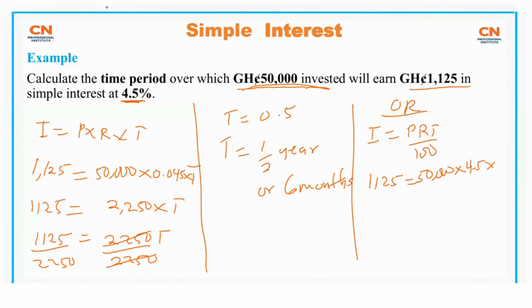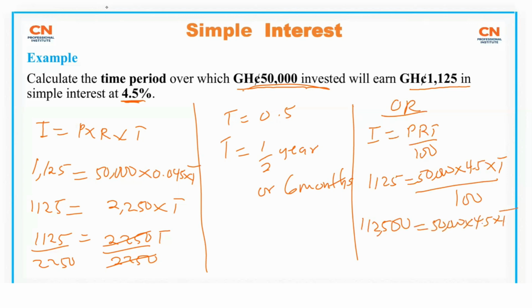So that's 4.5 times my t, divided by 100. I'm doing cross multiplication. So I'll multiply the 1125 by 100, which gives me 112,500 is equal to 50,000 times 4.5 times T.